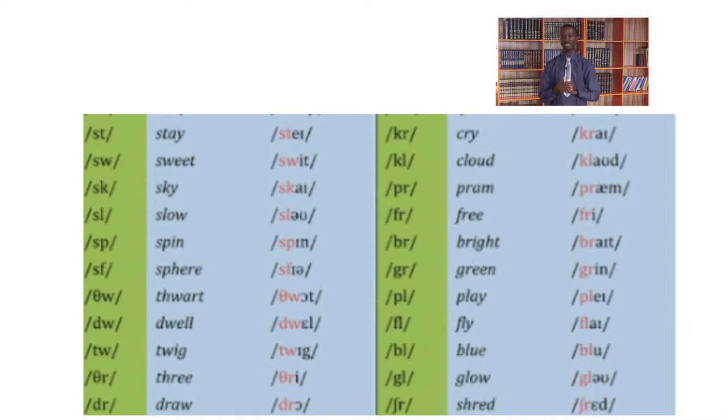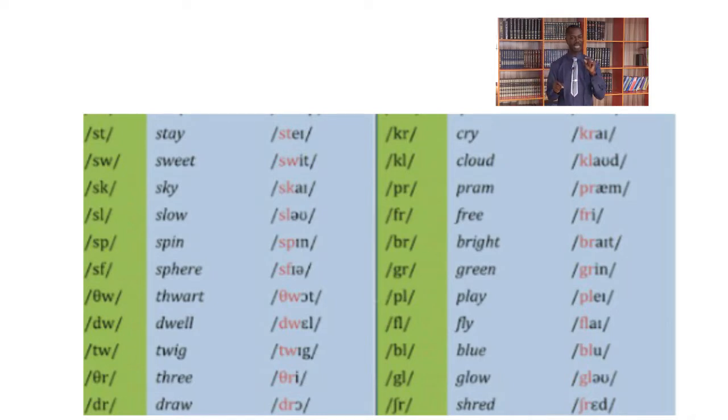But let me take you back again to what I mentioned earlier when I mentioned digraph. I said a digraph is a combination of two letters that realize one sound. Like PH, the two letters there, P and H, are articulated as one sound.